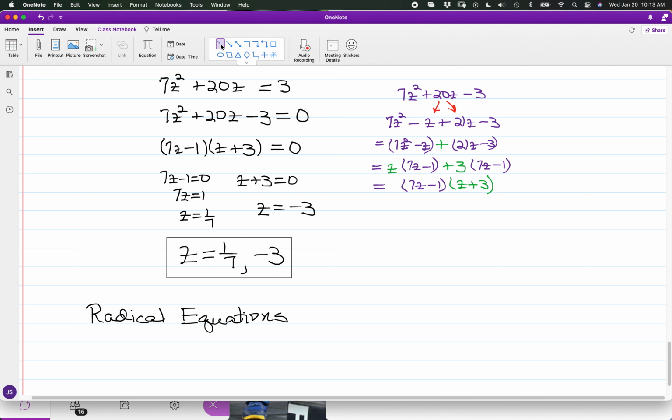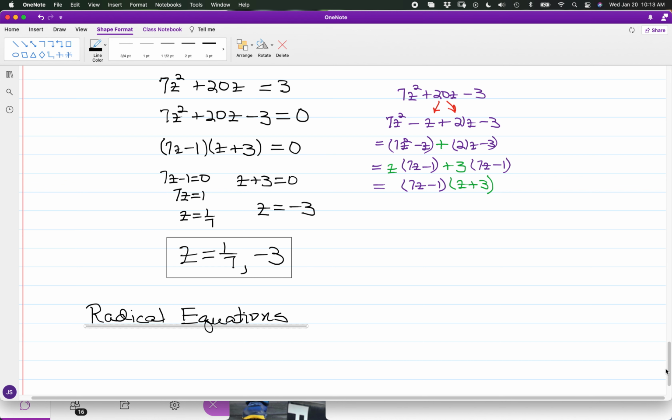And in the case of radical equations, there is a principle, or property rather, and this is what's referred to as the principal square root rule.